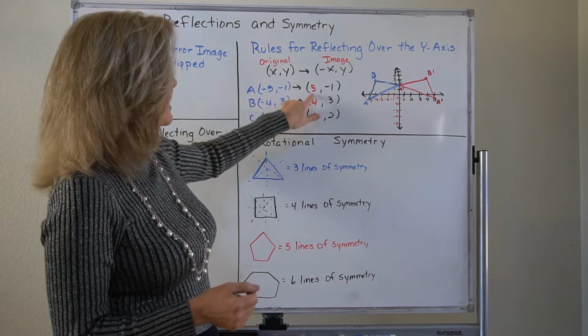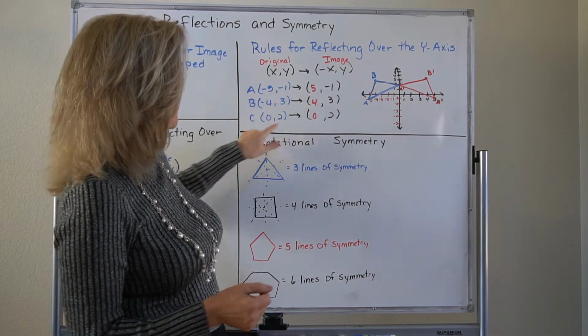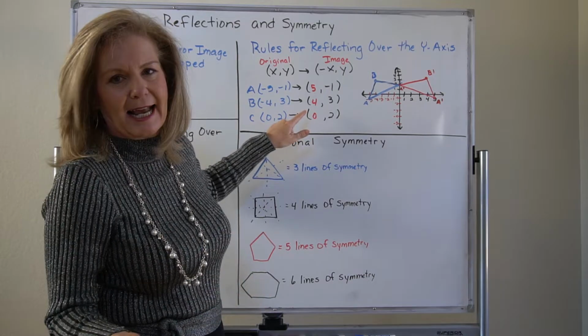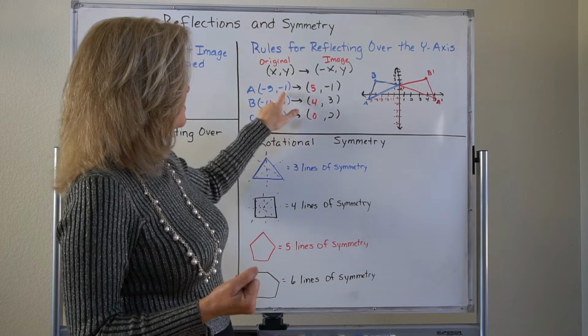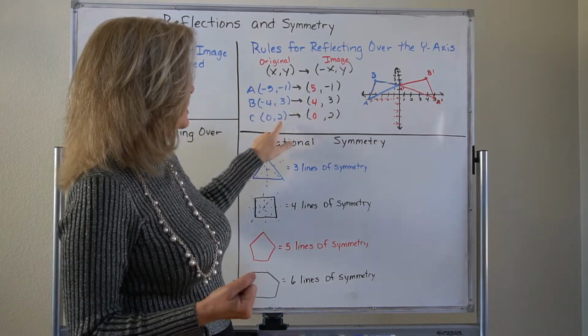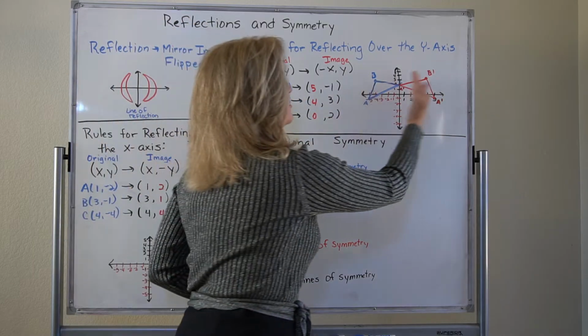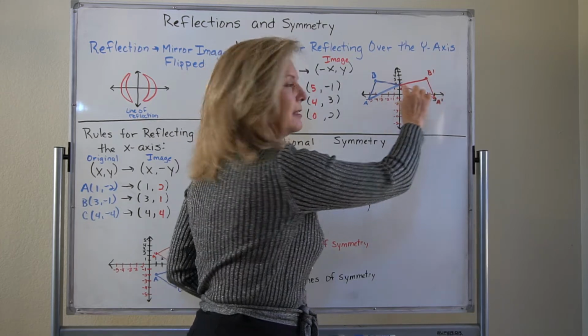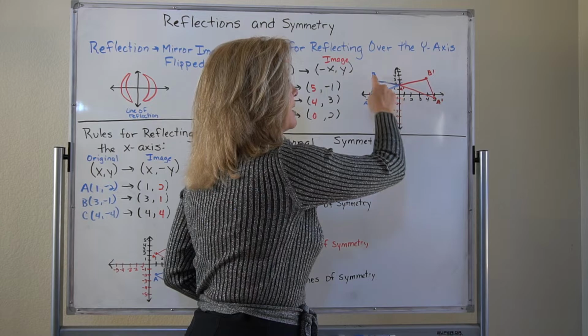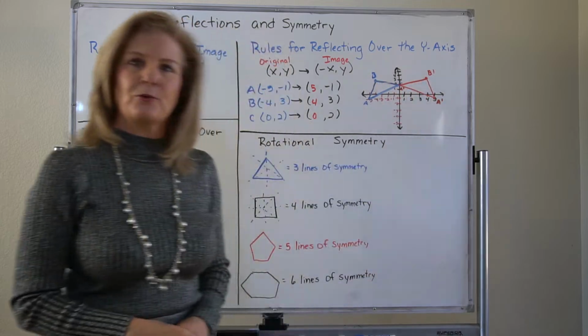So -5 became 5, -4 became 4, 0, it doesn't have an opposite, we just keep it as 0. But my y's stayed the same, -1, -1, 3, 3, 2, 2. When I go to graph that, I can see that it's exactly in the same position along my y, but it's my x's that have been reversed.